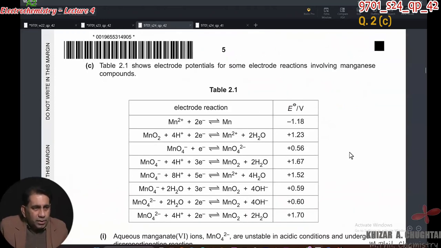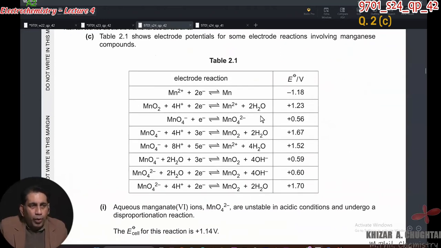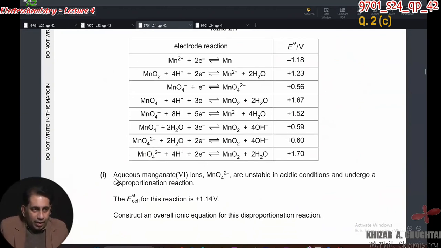Here is the table, 2.1, from the data booklet. It shows electrode potentials for some electrode reactions involving manganese compounds. And here is the question: aqueous manganate(VI) ions, MnO4 2 negative, are unstable in acidic condition and undergo a disproportionation reaction.